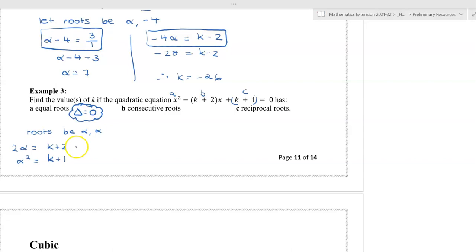Or I could say, okay, alpha equals 1/2 (k plus 2). And I could sub that in here. So I'll go 1/2 squared, 1/4 (k plus 2) squared. So I've just subbed this in for alpha squared equals k plus 1. I'll times the 4 over.